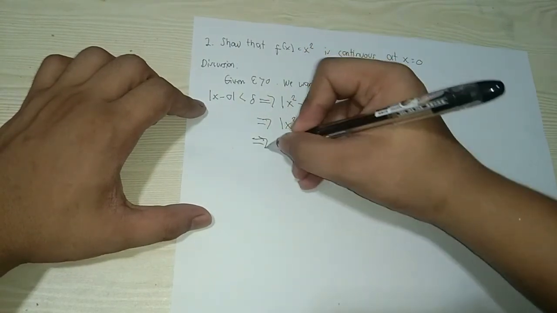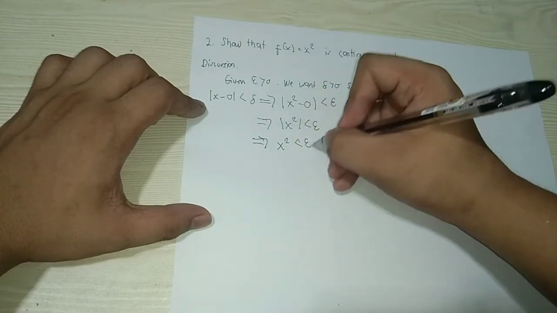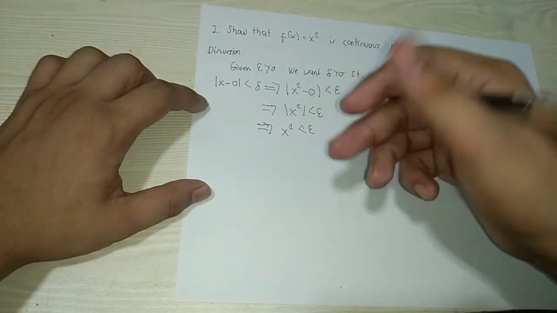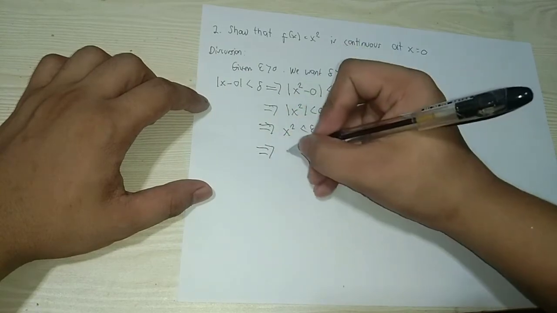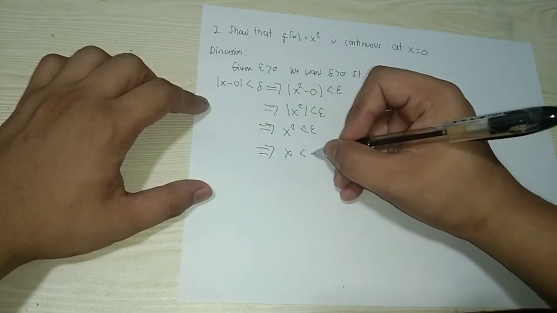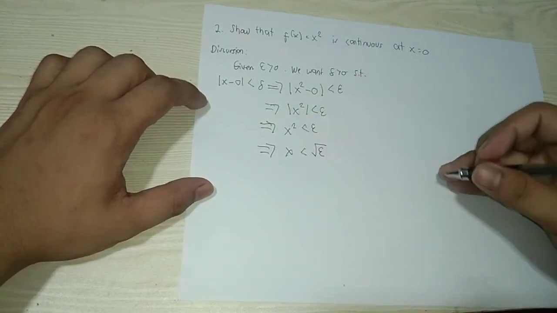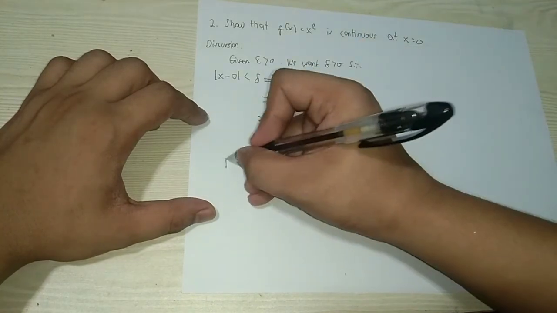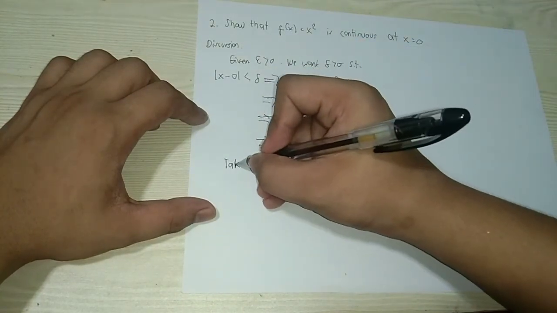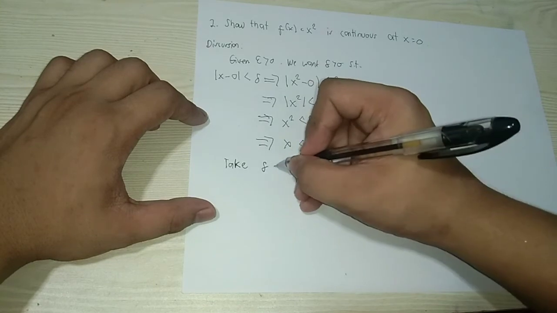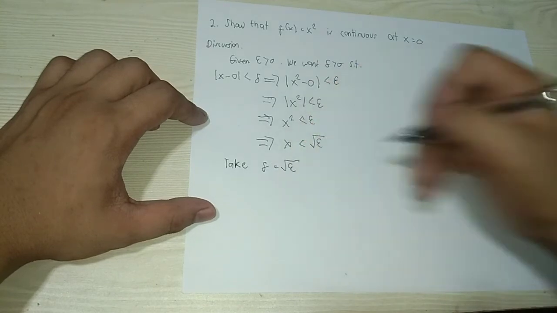We can remove the absolute value since it is x squared anyway. Then take the square root of both sides. So absolute value of x is less than square root of epsilon. So we take delta to be the square root of epsilon.